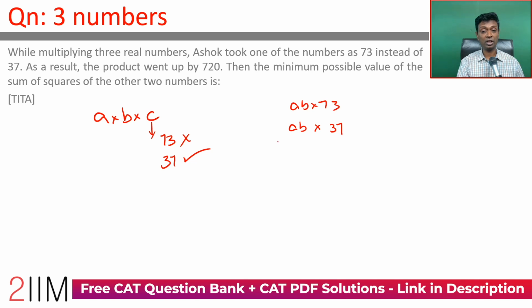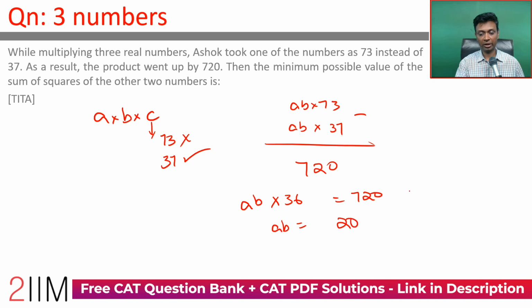AB into 73 is what he did. The difference is 720. Or A into B into 36 is 720. A into B is 20. Then the minimum possible value of the sum of the squares of the other two numbers. So minimum possible value of a square plus b square.